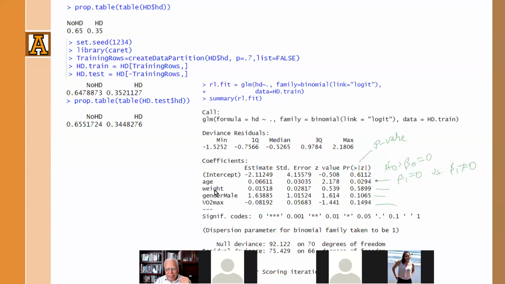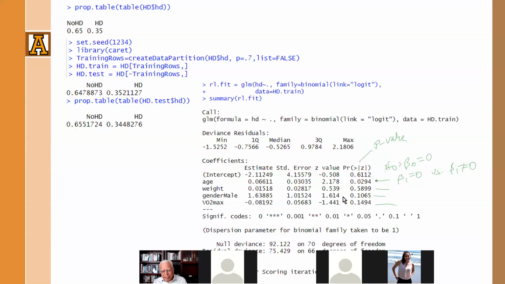Apparently, the only significant variable here is age. So the coefficient value is 0.06. That will be the beta 1, right? The beta 1 estimate is 0.06. And this appears to be the only significant parameter there.